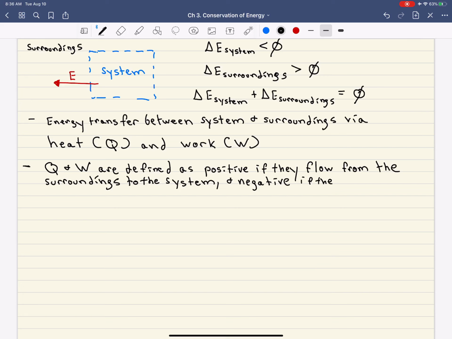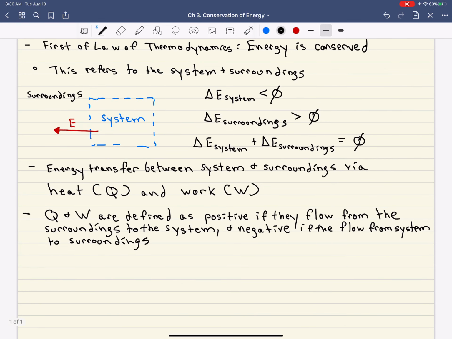So like we said in the scenario up above, perhaps there was some sort of heat transfer going on, because that heat is leaving the system to the surroundings, that means our Q value would be negative here.